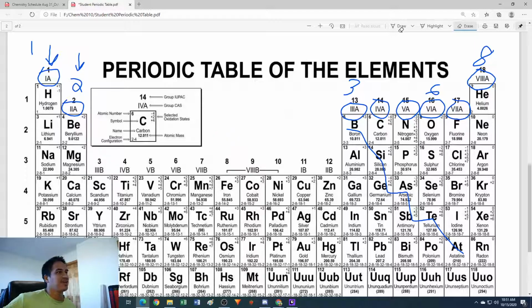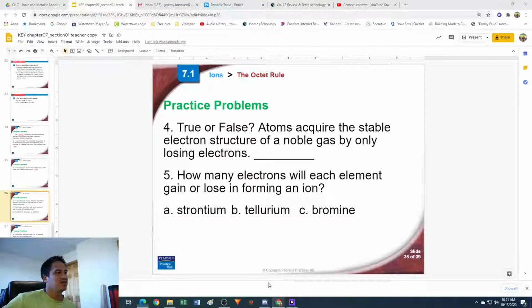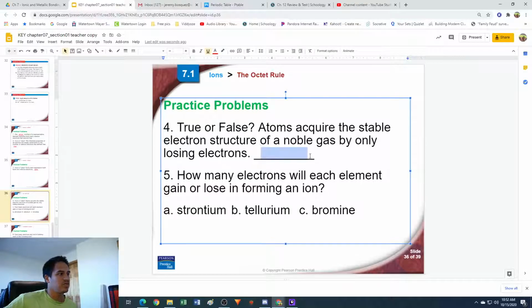I apologize, I said gain by mistake. Elements to the right of the staircase, over here, these tend to gain electrons. So we can either lose electrons or gain electrons to become an ion. But atoms will acquire the stable electron structure of a noble gas by losing or gaining, not only losing. So that is false. That is not true.